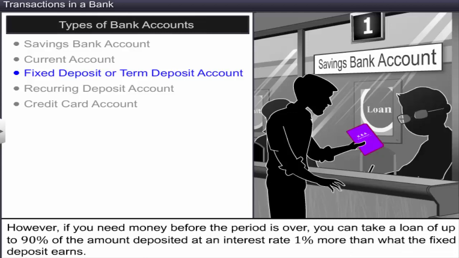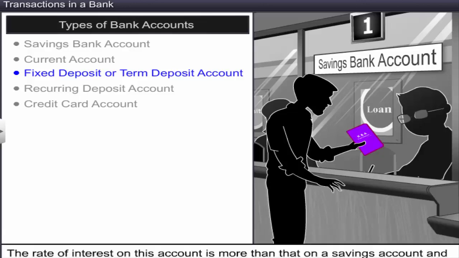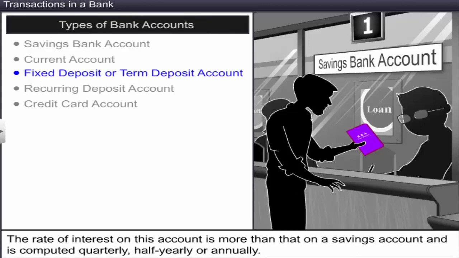However, if you need the money before the period is over, you can take a loan of up to 90% of the amount deposited at an interest rate 1% more than what the fixed deposit earns. The rate of interest on this account is more than that on a savings account and is computed quarterly, half-yearly or annually.